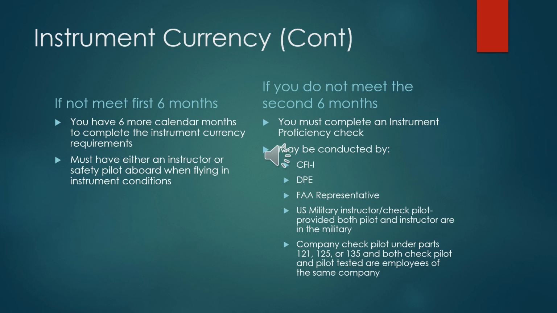So the FAA is nice. They say, okay, you have 6 more calendar months to complete this instrument currency requirement. However, you have to have either an instructor or a safety pilot aboard when flying in instrument conditions. So what does that mean? That means from January to June, we were fine.